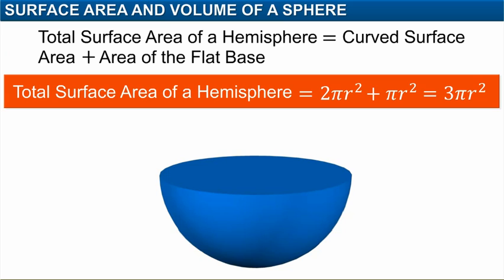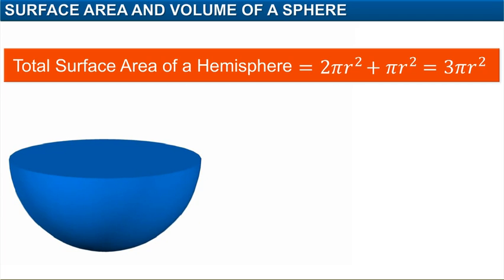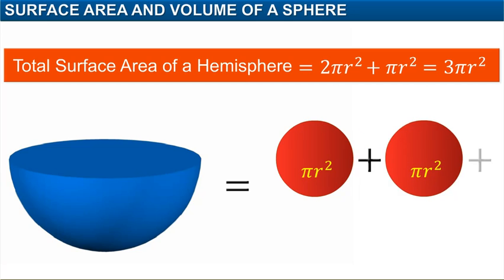Therefore, the total surface area of a hemisphere is 3 pi r squared. You can observe that the surface area is equivalent to the sum of the areas of 3 circles of equal radii r.